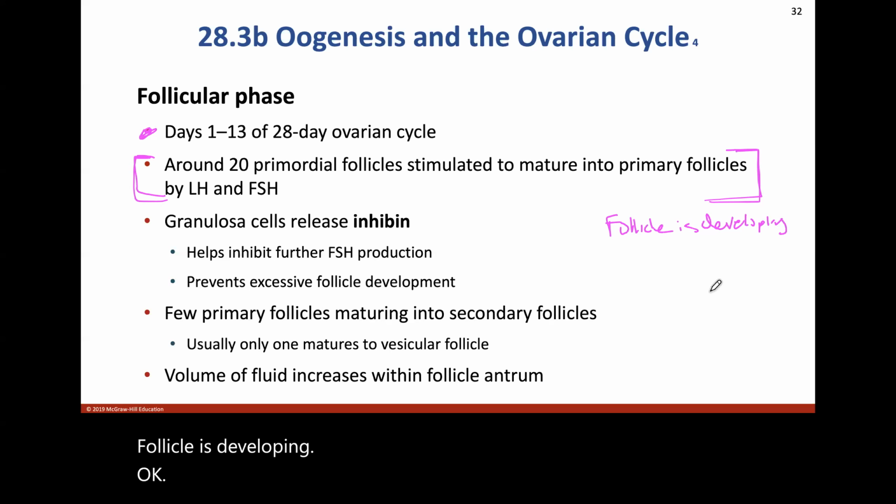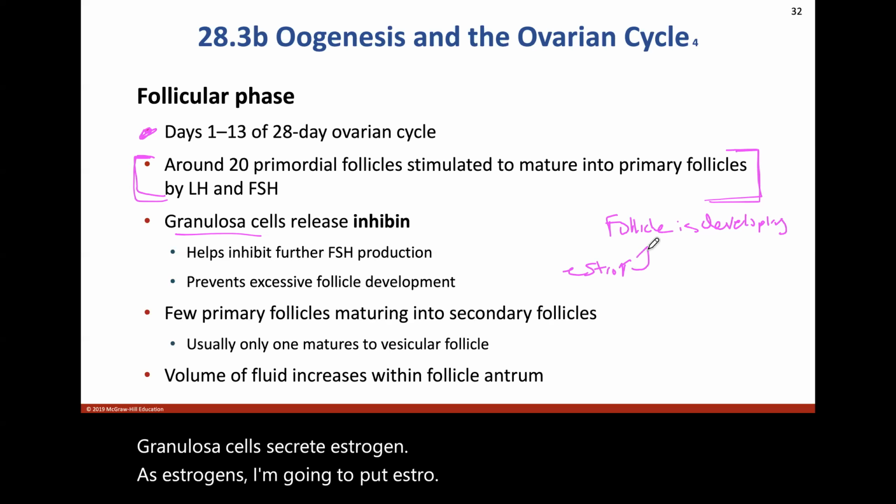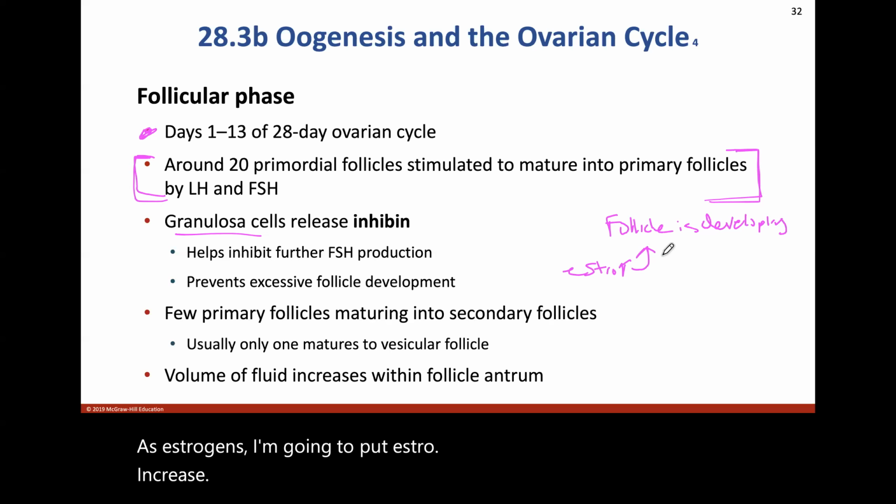What does that mean? Well, we have granulosa cells, right? Granulosa cells secrete estrogen. As estrogens increase, that follicle is going to develop.